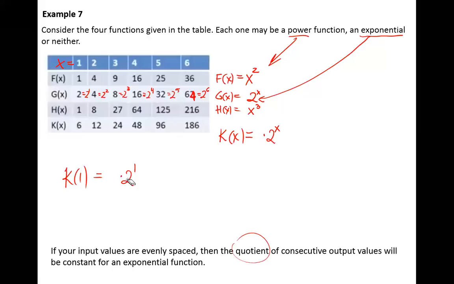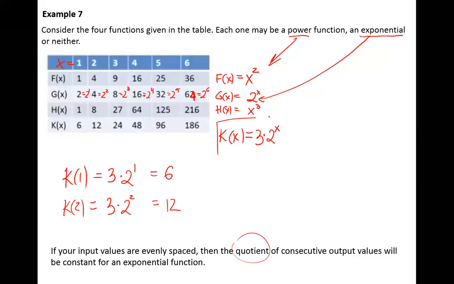2 to the power of 1 is, of course, 2. What number do I have to multiply 2 by to get 6? Because we can see the first value is 6. The second value, 2 to the power of 2 is 4, and it's 12. It is 3, and I believe this will work for all of the numbers.